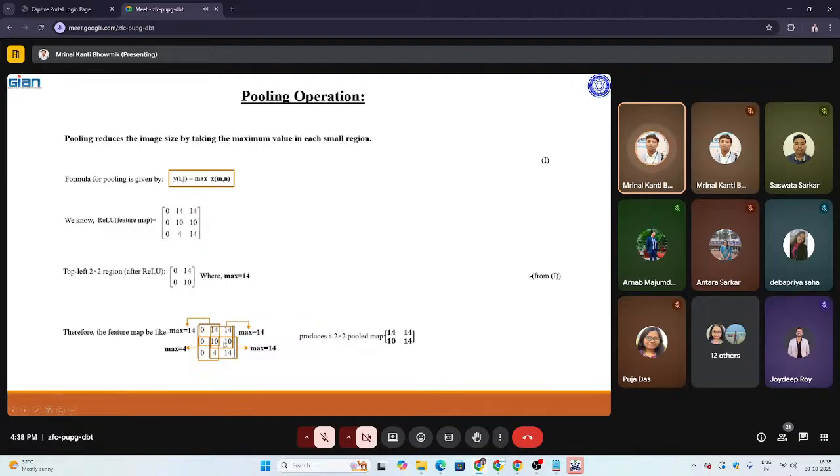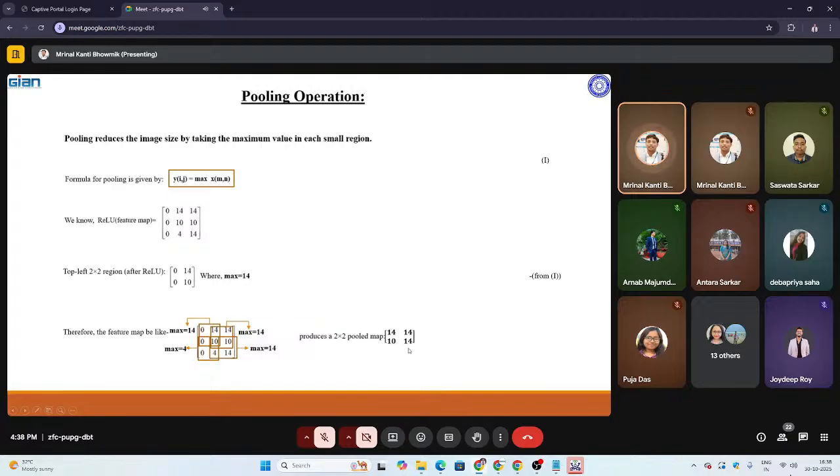From this part it is maximum 14, and here the values are 0, 10, 0, 4, so the maximum comes as 10, and from this part the maximum value is 14. So what is the 2 by 2 pooled map? It's 14, 14, 10, 14.